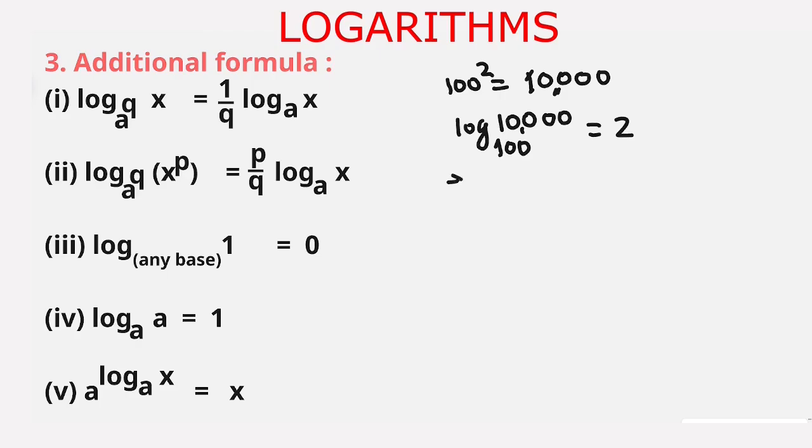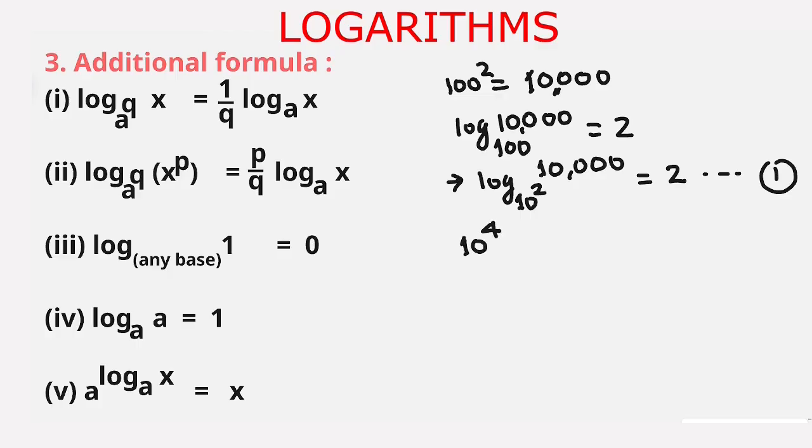So this is equal to log 10,000, and 100 can be written as 10 to the power 2 equal to 2, and I give this as equation number 1. Now we know that 10 to the power 4 equal to 10,000, and from the definition of logarithm, log 10,000 base 10 equal to 4.